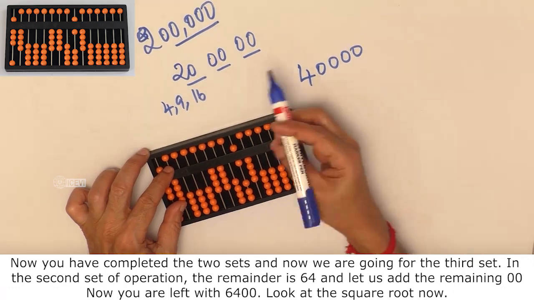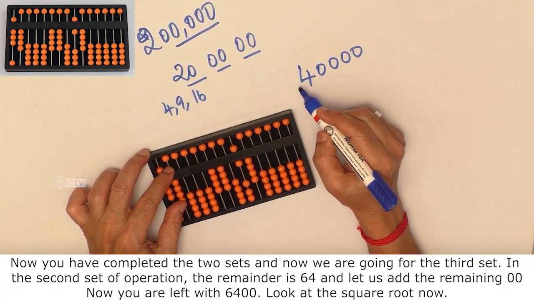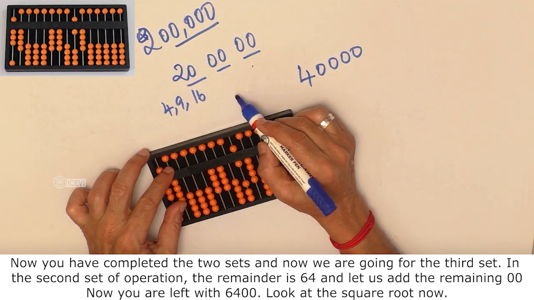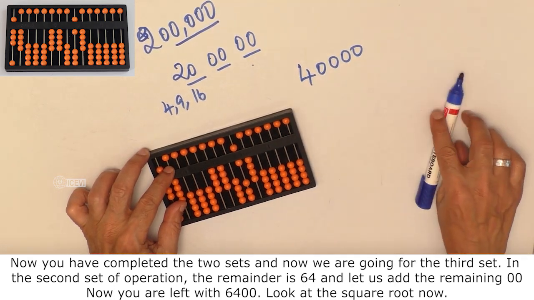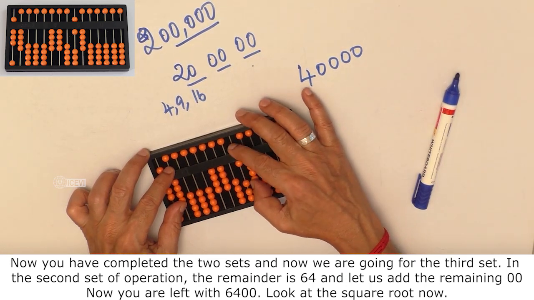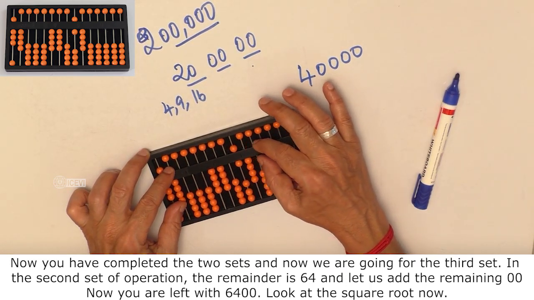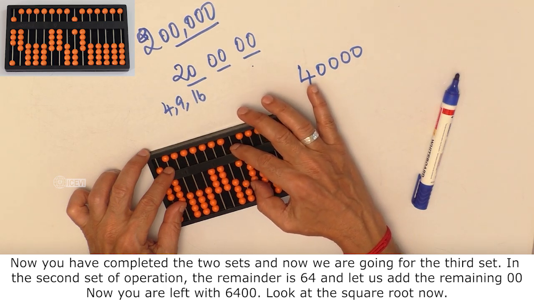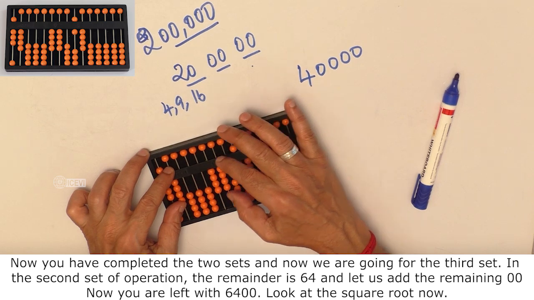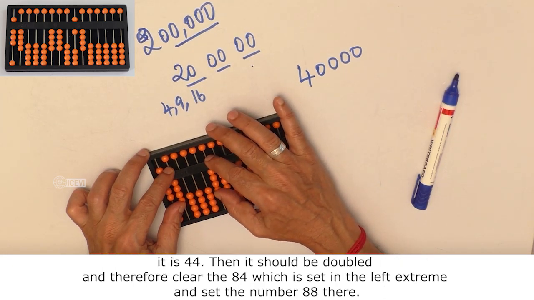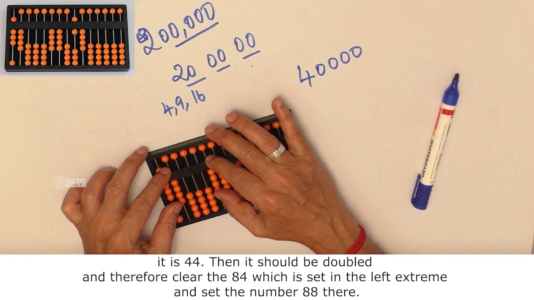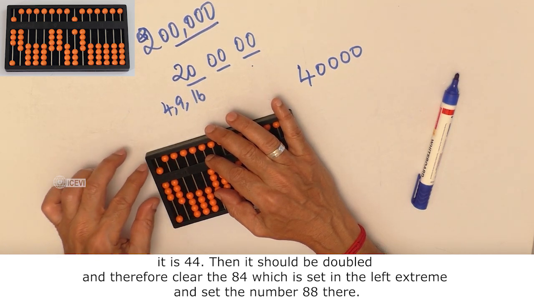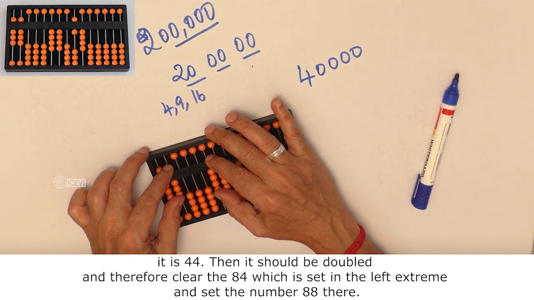Now you have completed the 2 sets and now we are going for the third set. In the second set of operation, the remainder is 64. And let us add the remaining 2 zeros. Now you are left with 6400. Look at the square root now. It is 44. Then it should be doubled and therefore the 84 should be removed and you set 88 there.